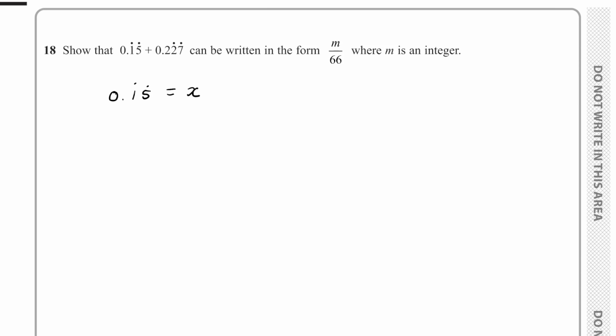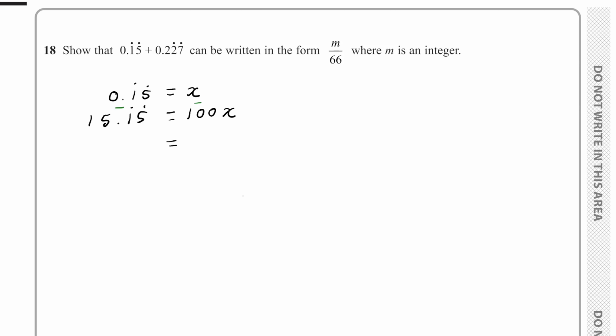We want something else that ends in the 15151515. So I need to times it by 100 to get 15.151515. So now I've got two things ending in 151515. I can take them away and get rid of my recurring bit.